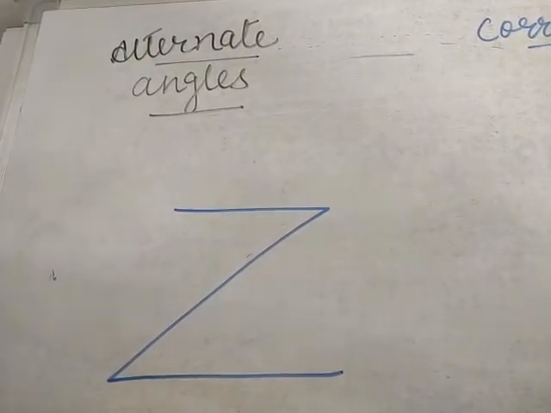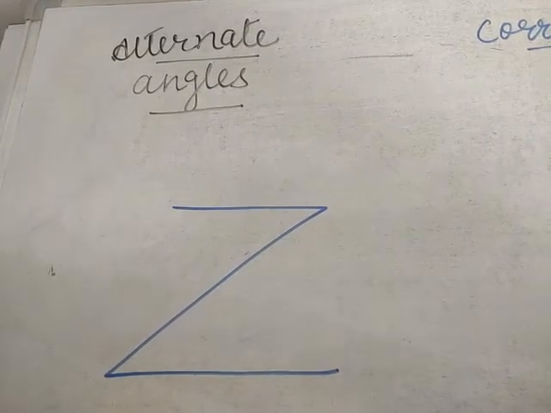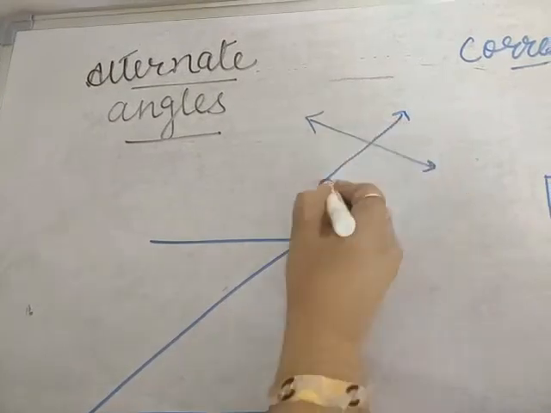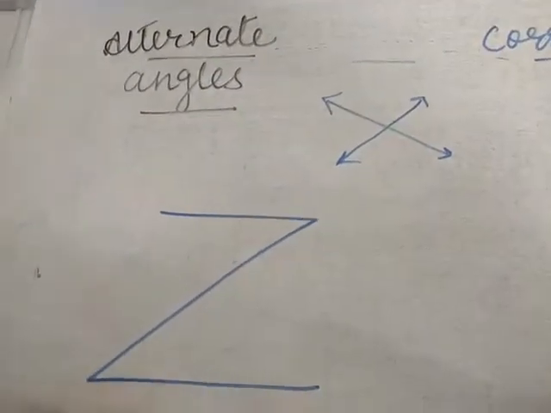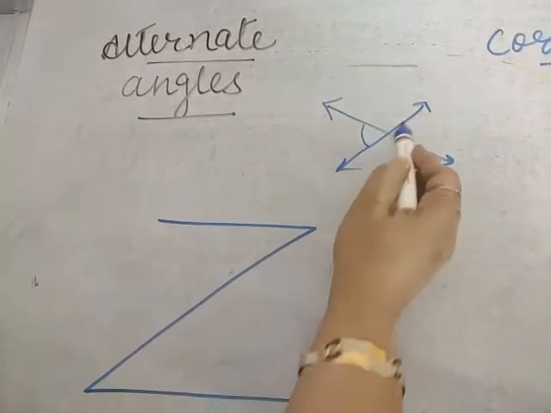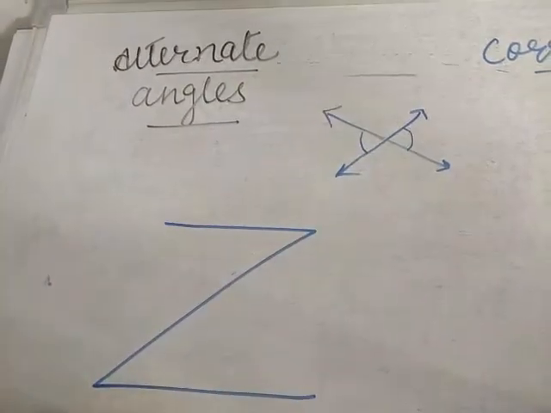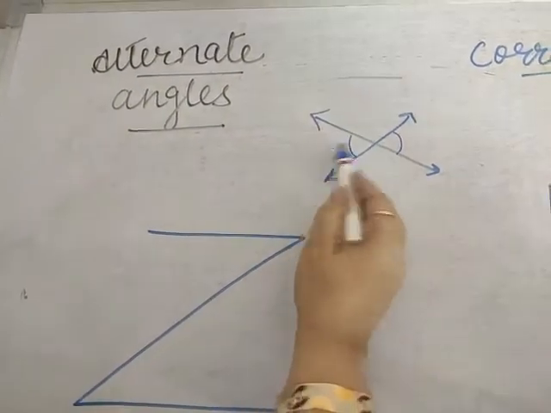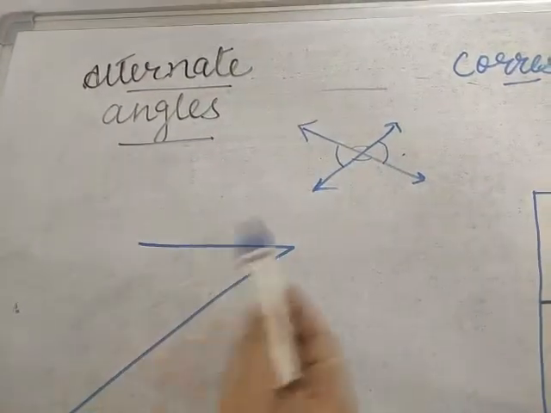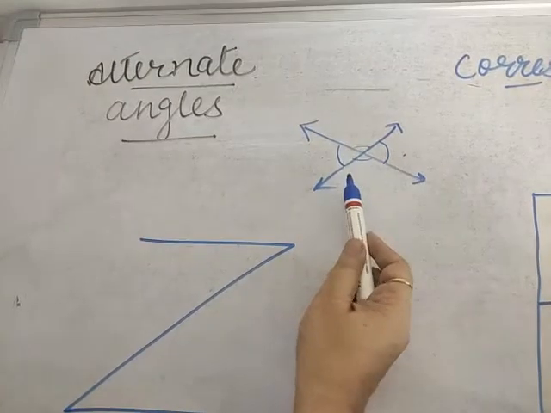When we were talking about vertically opposite angles, I told you there would be a figure of X. Whenever you have this kind of shape, X, you will see vertically opposite angles. We have done this: 1 is equal to 2 and 3 is equal to 4, because vertically opposite angles are equal.